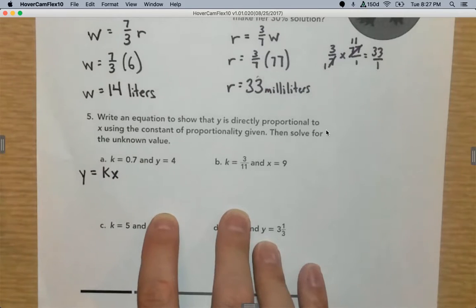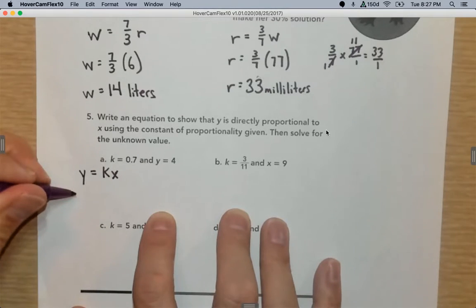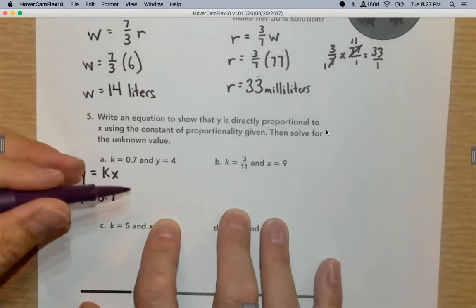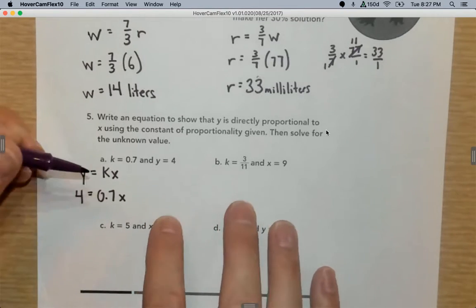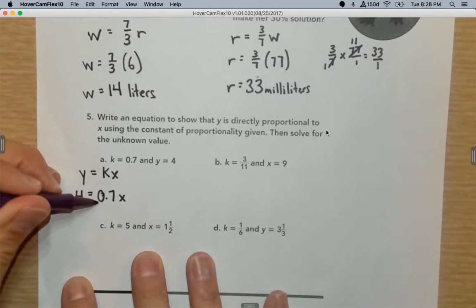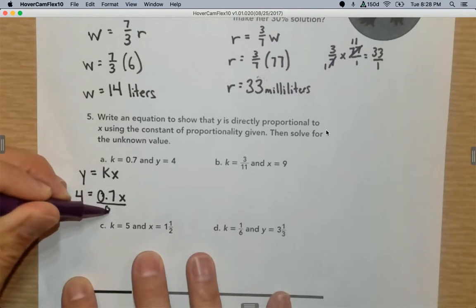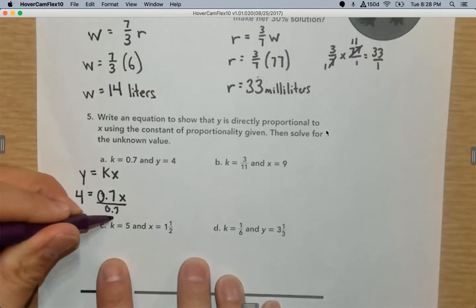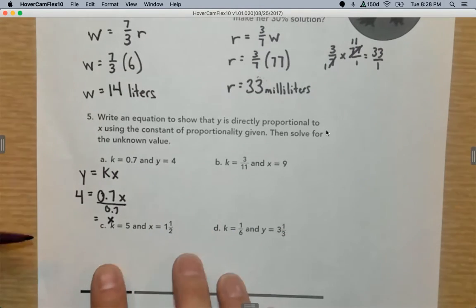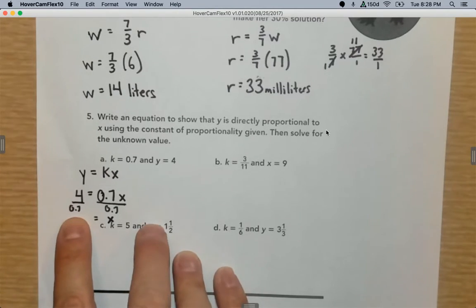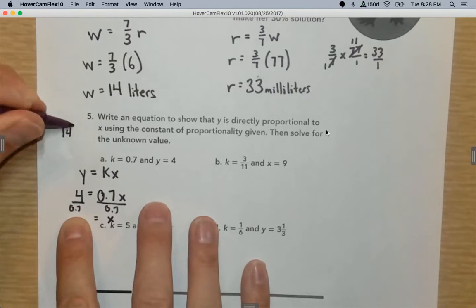In this case, I would know that 4 is y. I would know that k is 0.7, and I don't know what x is. When I solve this type of problem, I divide this side by 0.7, because 0.7 divided by 0.7 is just going to be equal to 1, or x, on the left side. If I divide 4 by 0.7, I would get 4 divided by 0.7.